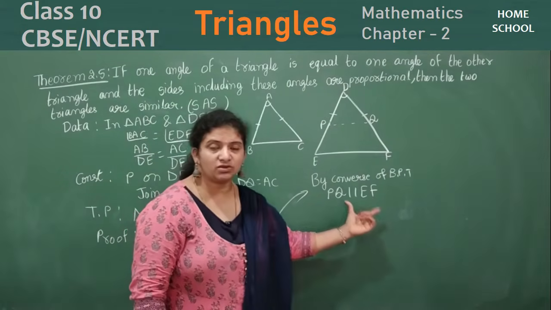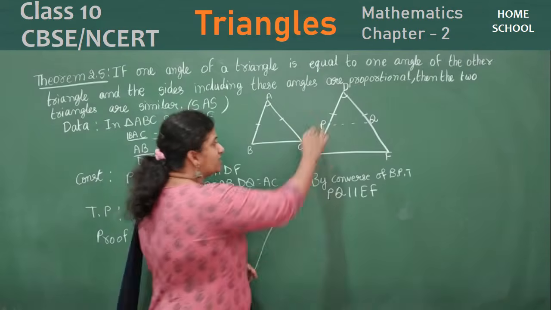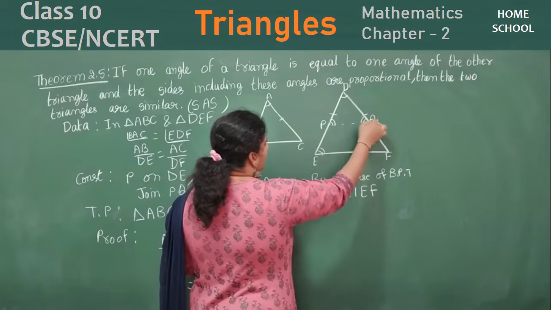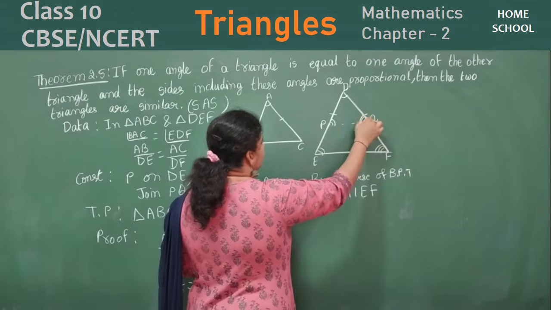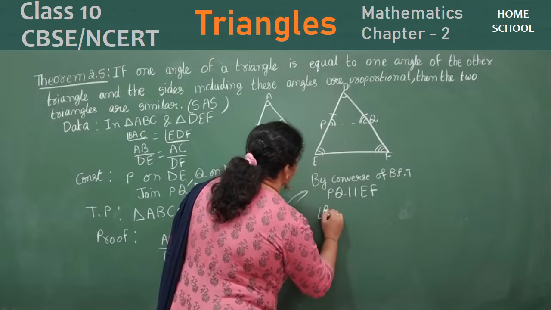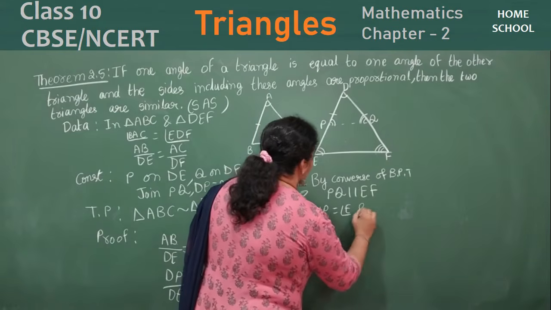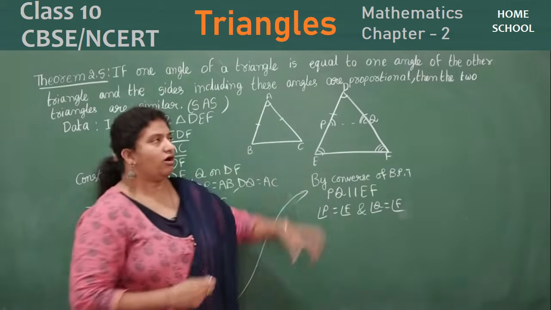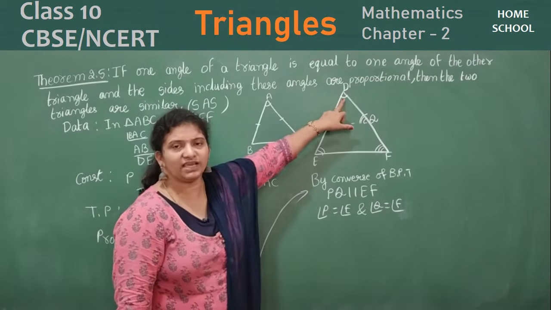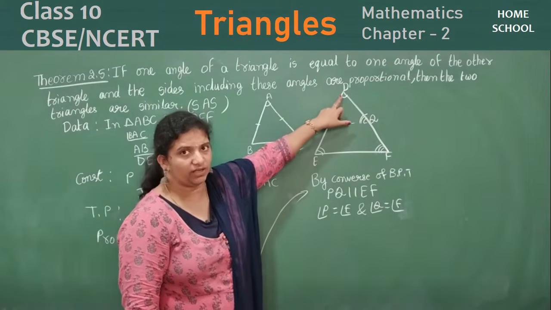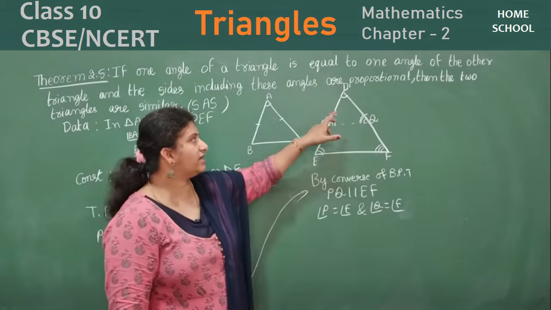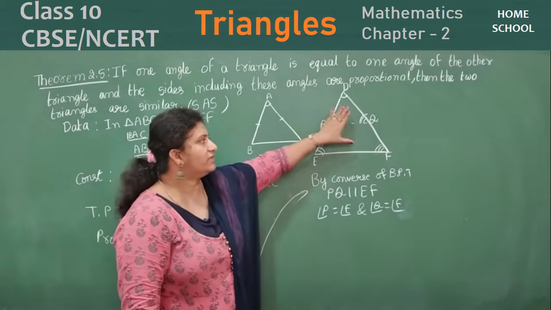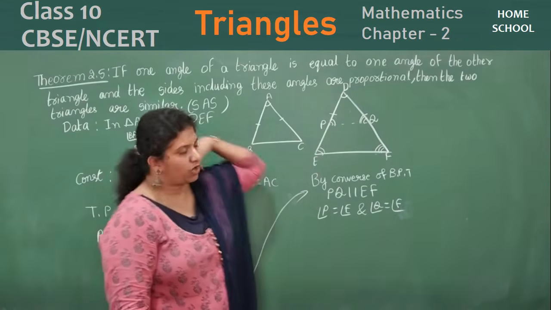Now if these two lines are parallel, what can I say? Corresponding angles are equal, that is angle P is equal to angle E and angle Q is equal to angle F. Already we know one angle is equal, the included angle is equal. So now all the three angles are equal for the big triangle and the small triangle.